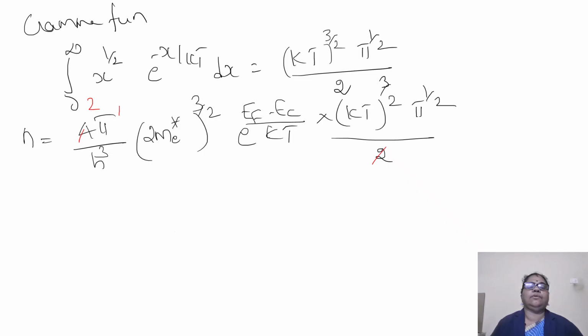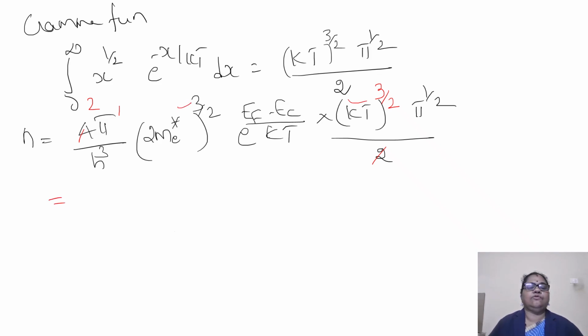Here we have a pi to the power 1, here we have a pi to the power half. Here also we have a 3 by 2. So we can combine these two terms.